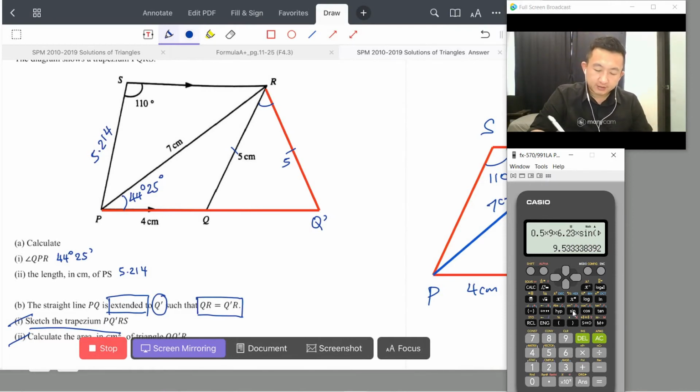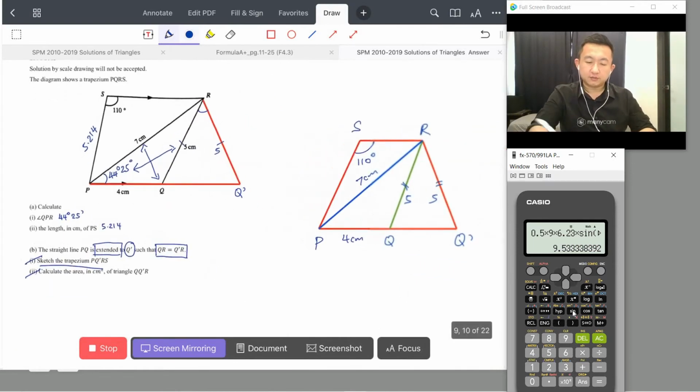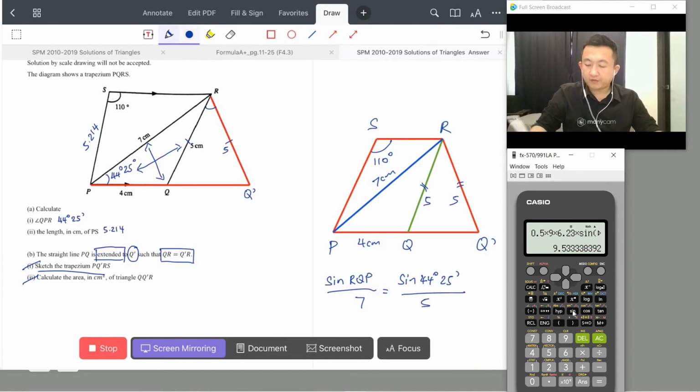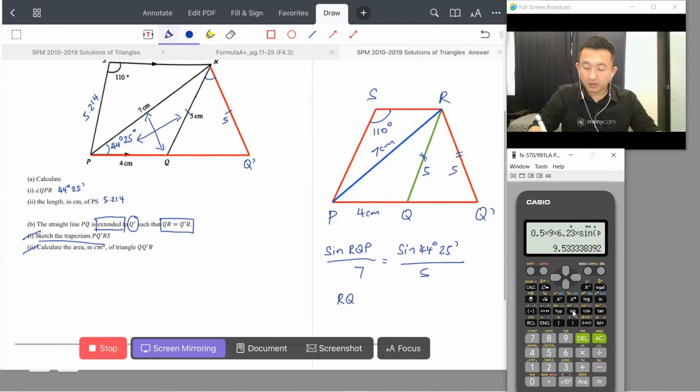Look at this triangle. You have a pair of angle and a side that you know of. 5 cm gives you 44 degree 25. So how about this one? 7 cm. So you have to apply the sine rule. So we put sine RQP over 7 cm equals sine 44 degree 25 minutes over 5 cm. And let's see what we have for RQP.